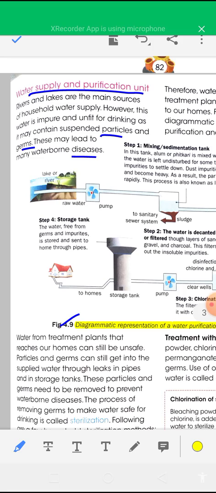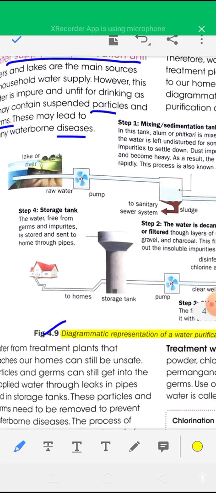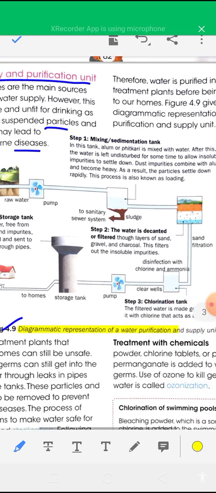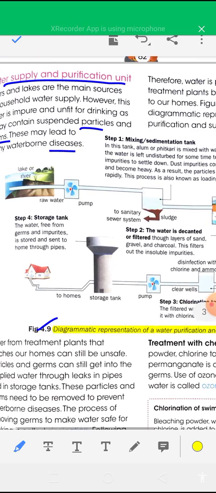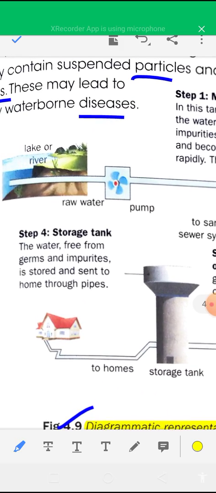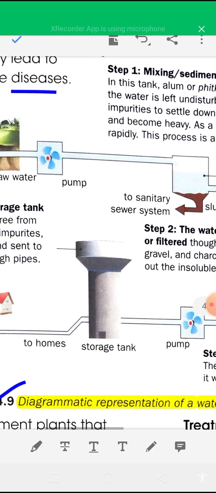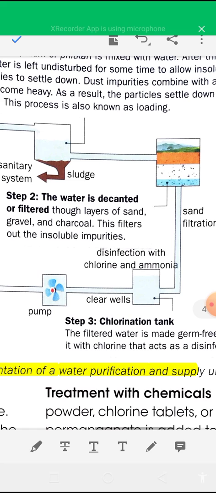This is the water purification process. This entire process is very complex. You have to follow many steps to purify water. In this process, water from lake or river is passing through different chambers, different tanks.